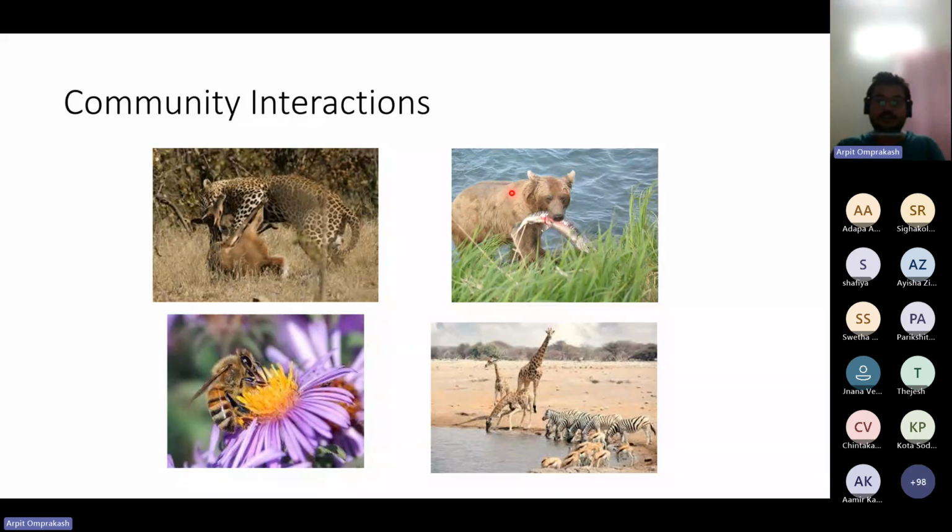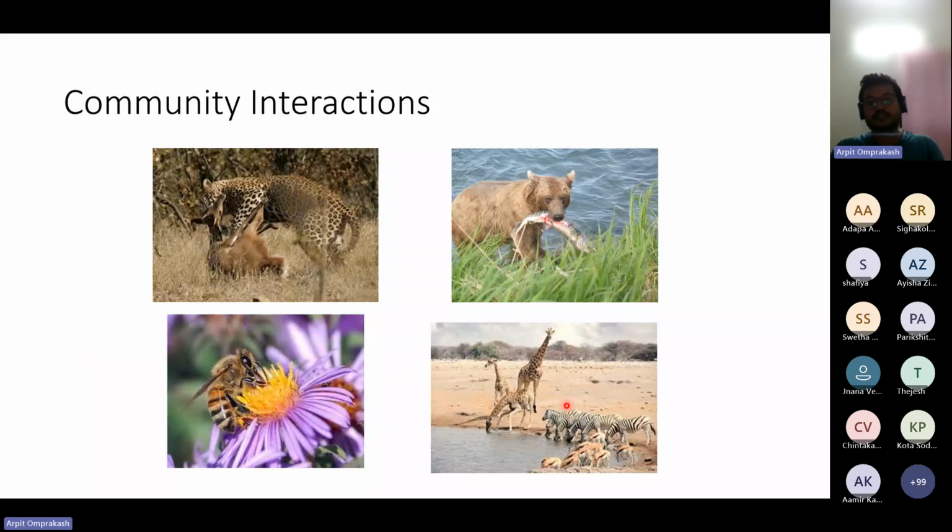This is a predator and this is a prey. We also have other kinds of interactions such as pollination, where bees get nectar from flowers and also help them disperse their pollen to other individuals of their species so that these plants can propagate.